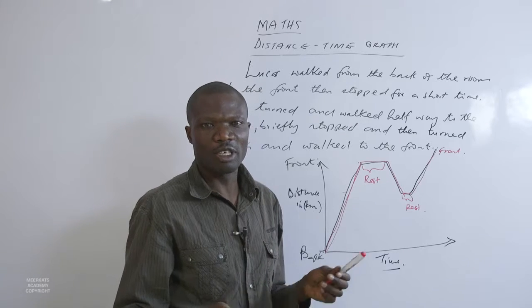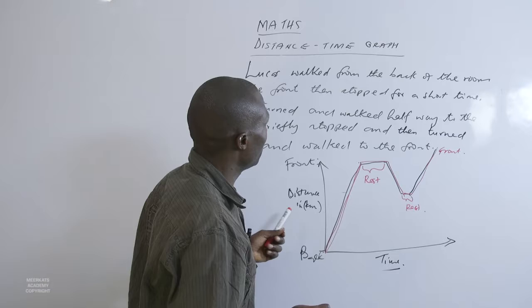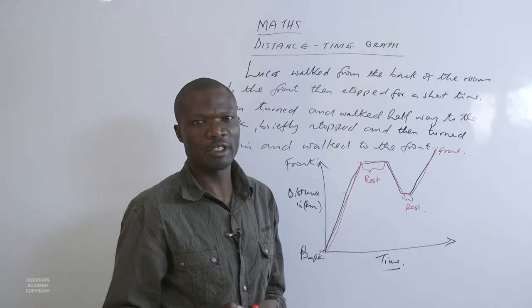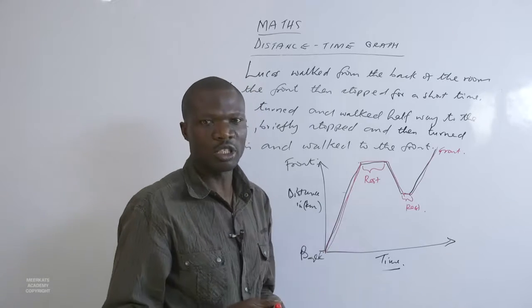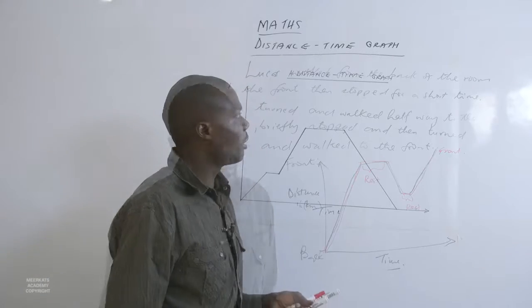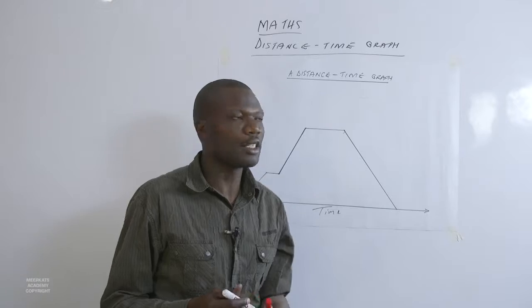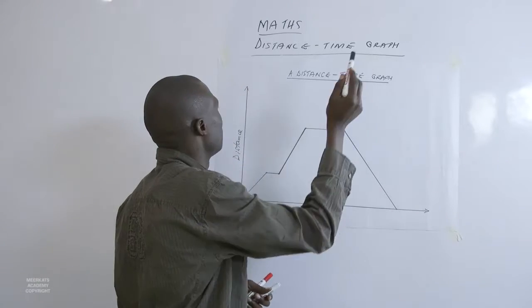Now, let us look at this through a diagram which will be describing these various situations at every point. Now, this is a distance time graph.